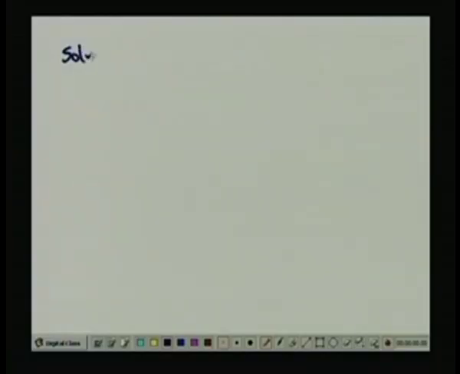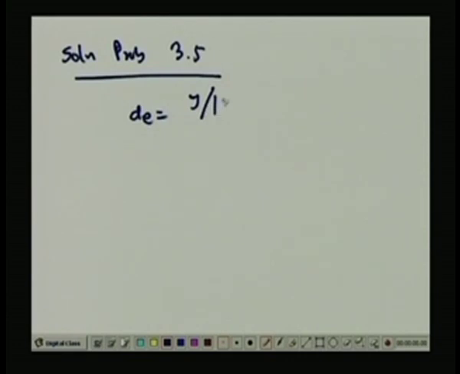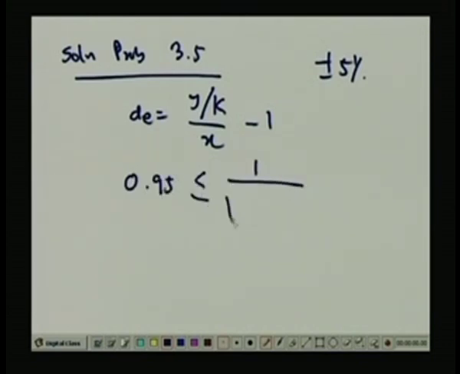So the solution to problem 3.5 will look like d equal to y by k by x minus 1. Here the error is plus minus 5%. So obviously 0.95 is less than or equal to 1 upon root over 1 plus omega tau square.